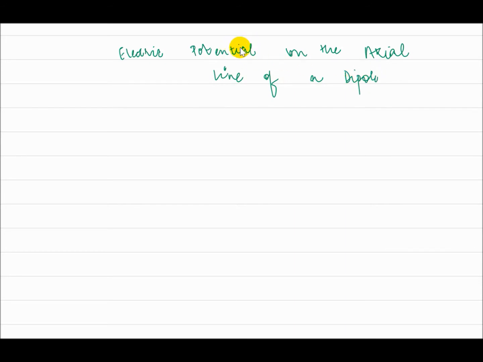Hello, today we'll do the derivation for electric potential on the axial line of a dipole. Some points for electric potential.